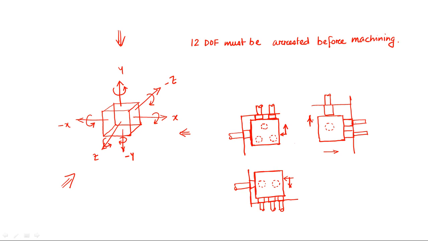and after locating we have to provide the supports, and then we have to provide the clamping mechanism or clamping system. Next, there are some design principles or rules for locating, supporting and clamping.